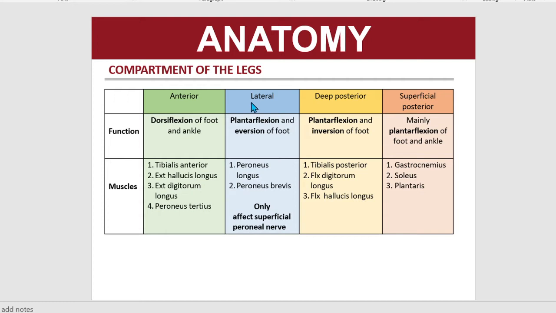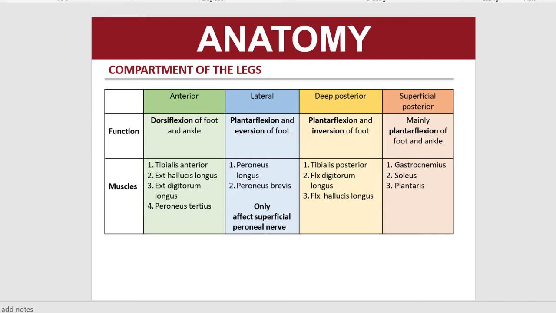The lateral is for eversion, and the anterior is for dorsiflexion. Why do I emphasize their action? Because if a specific compartment is affected, let's take for example the lateral, then the signs and symptoms would be the absence of eversion, and maybe dorsiflexion will also be slightly affected.